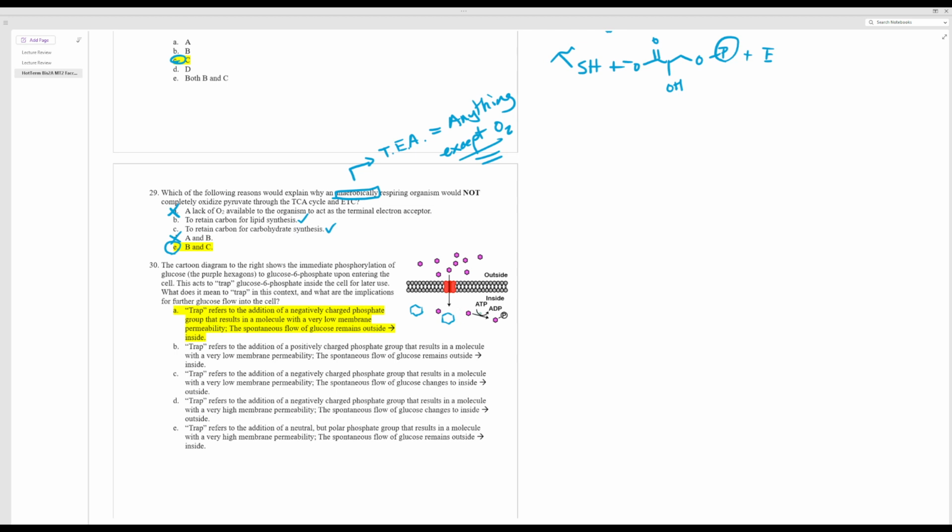So what we do is we react it with ATP. So we have glucose plus ATP going to glucose 6-phosphate plus ADP.